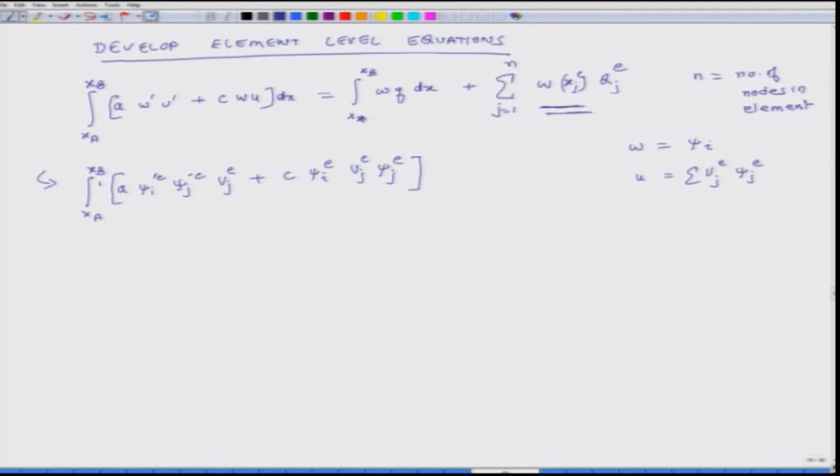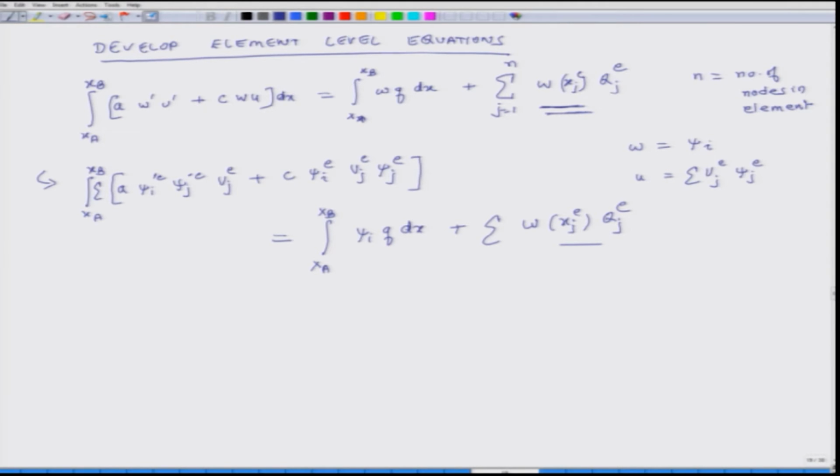This entire thing is added up over the index j, and this equals the integral from x a to x b of psi I q dx plus the summation of w at x j e q j e. We will retain this till the end, then it will become clear what we are doing on this last term, the q term.